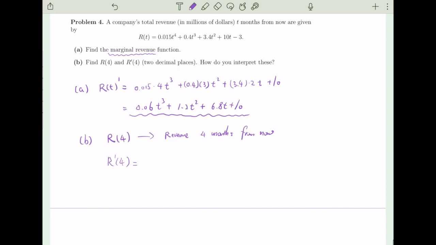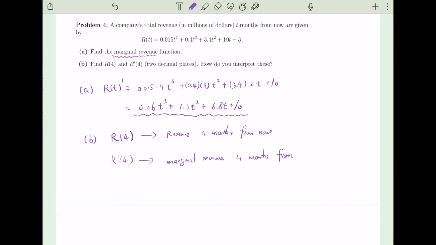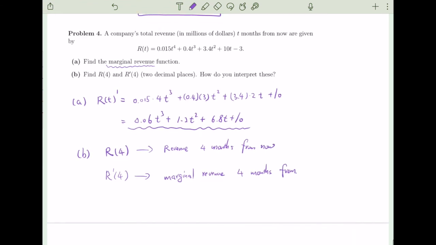And R prime of 4 is the marginal revenue four months from now. Okay, so that is our question B.